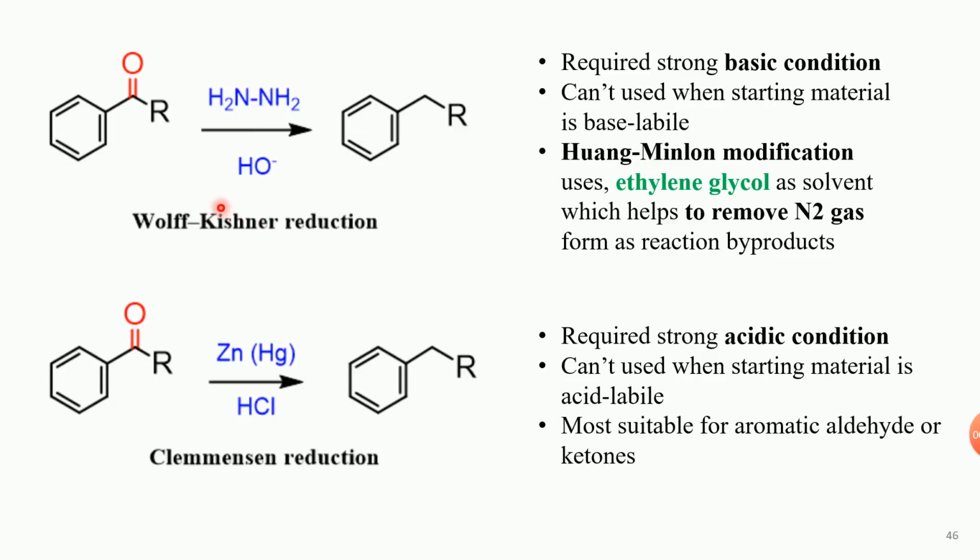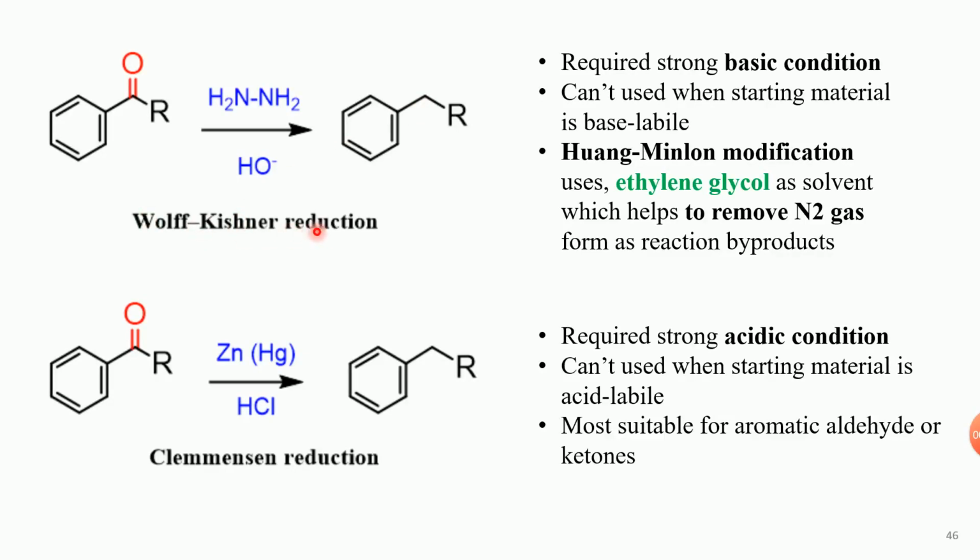If you see the difference and similarity between the Wolff-Kishner reduction and Clemmensen reduction, in both reactions, aldehyde or ketone is converted into the alkane or hydrocarbon. The change is only one thing, that is the carbonyl functional group converted into the CH2, that is methylene group. But the difference is the reaction condition.